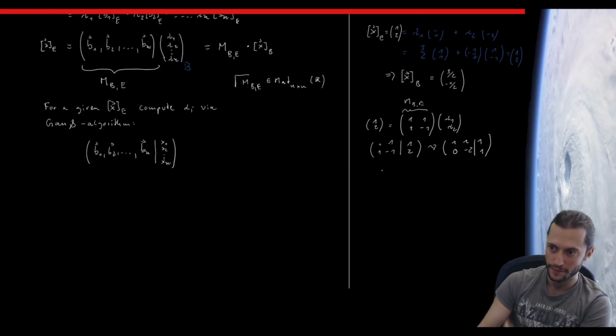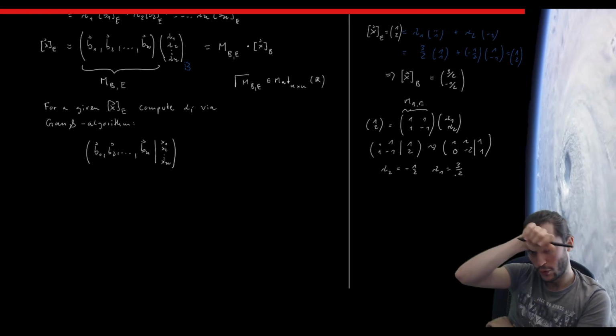And from that we get lambda 2: minus 2 times lambda 2 equals 1, so lambda 2 equals minus a half. And combine it with the first line and you get lambda 1 equaling 3 halves. So you're right.